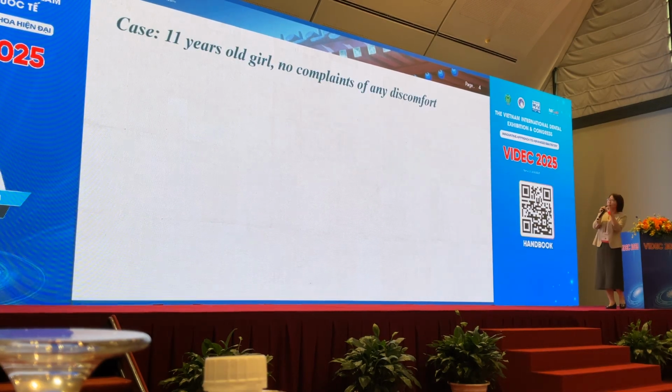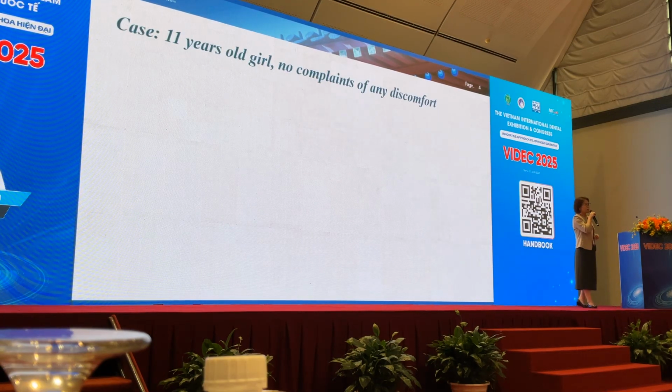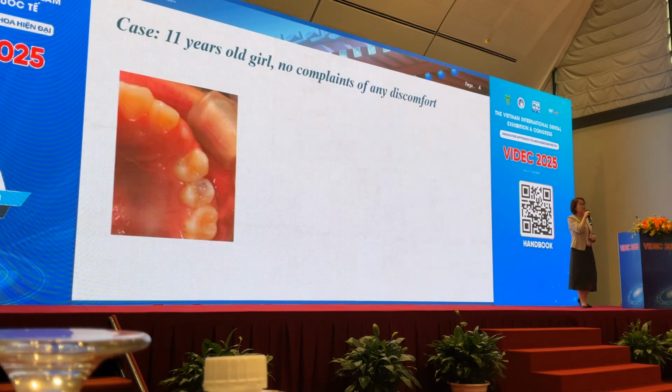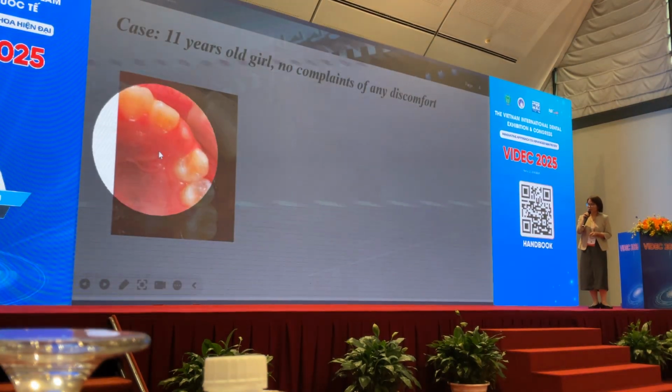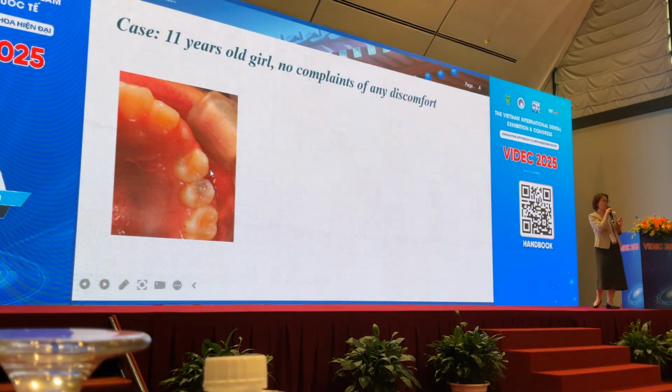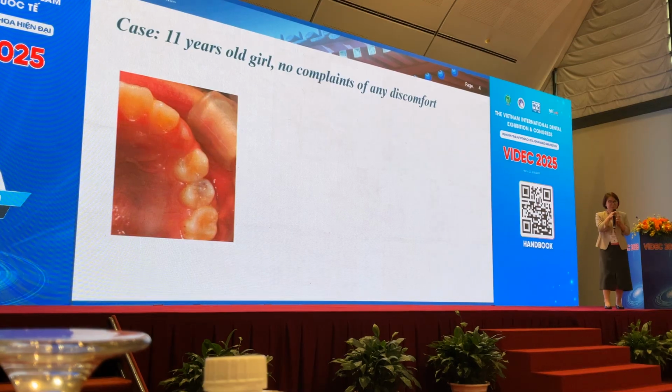This is an 11-year-old girl. She had no complaint of any discomfort. But on clinical examination, we could see the tooth was discolored, and it turned green, right?